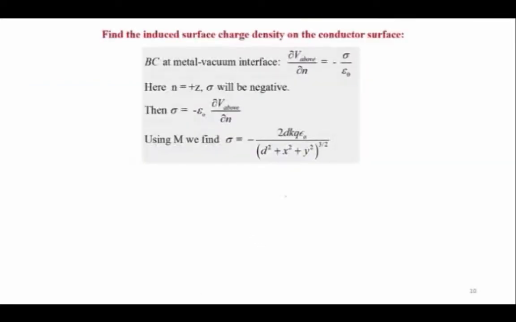So let's find the induced charge one more time. This is the boundary condition that we're going to use to find sigma. N here is plus z. Sigma will be negative, and so when we put that in, we get sigma equal to this quantity. As we used Mathematica, this is the result that we got.